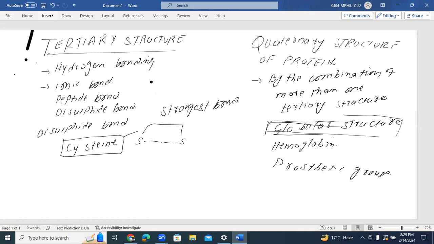You will also study this term in case of enzymes, where it is the non-protein part of the enzyme, because enzymes are also proteins. So this is a prosthetic group, which is a non-protein part.